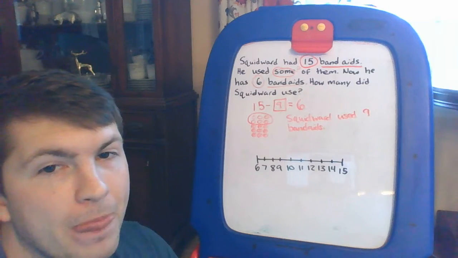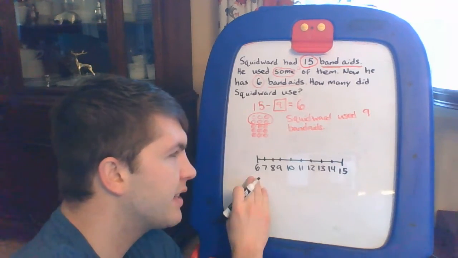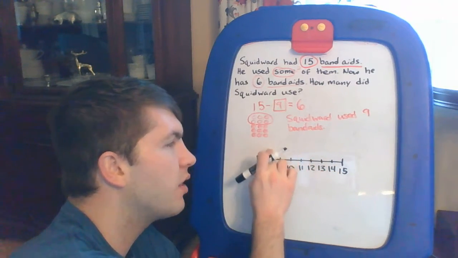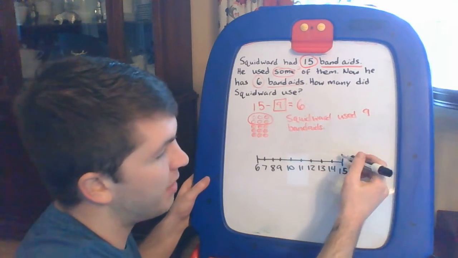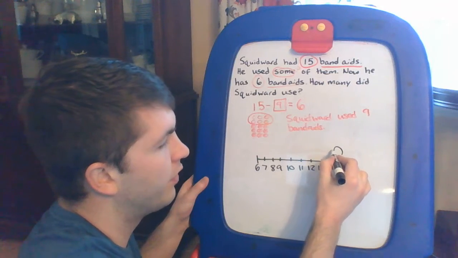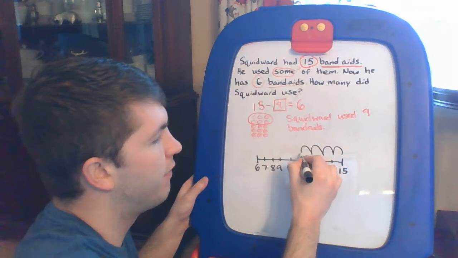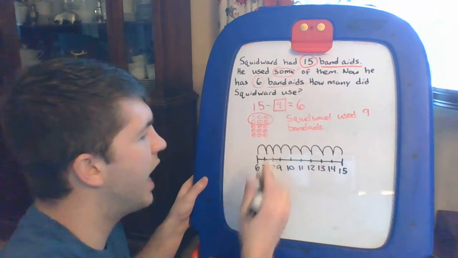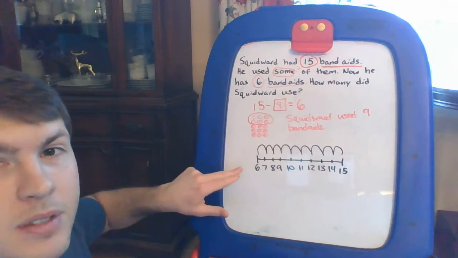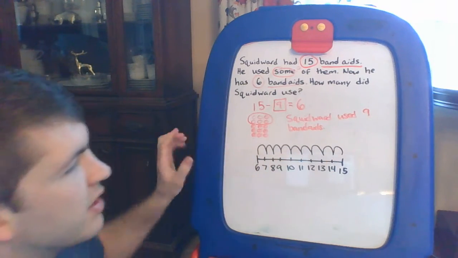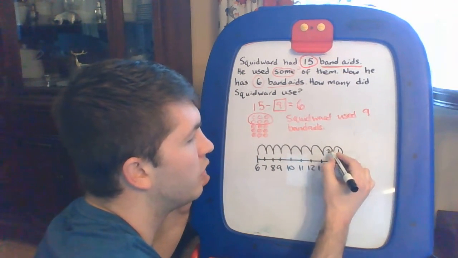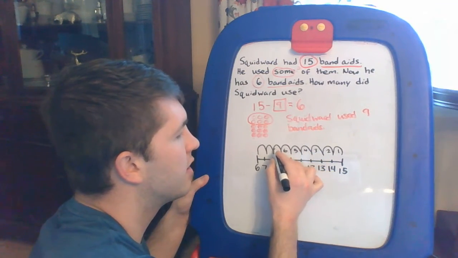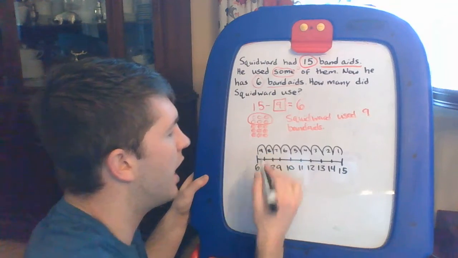Now, he had those 15 band-aids. He got to 6. We're going to count back to see how many band-aids he must have lost on the way. So I started at 15. 1, 2, 3, 4, 5, 6, 7, 8, 9. I counted 9 hops. But to double check, I'm going to write my numbers inside. So 1 hop, 2, 3, 4, 5, 6, 7, 8, 9.